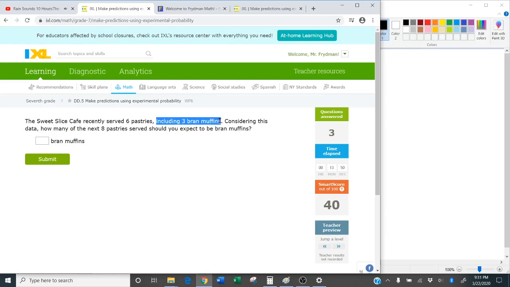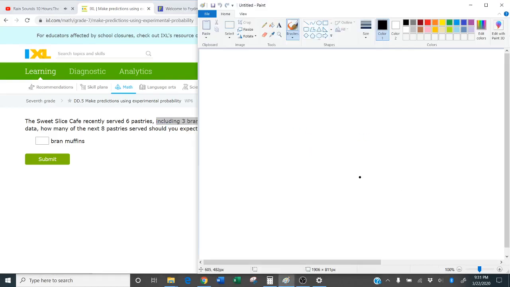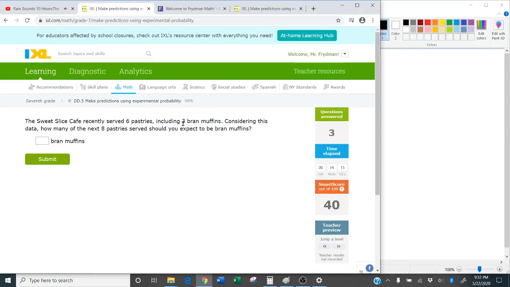Including 3 bran muffins. So that means before I even do anything else, the probability that somebody buys a bran muffin is going to be 3 over 6. I am not going to add the 3 and the 6 together because this 6 already has this 3 in it.